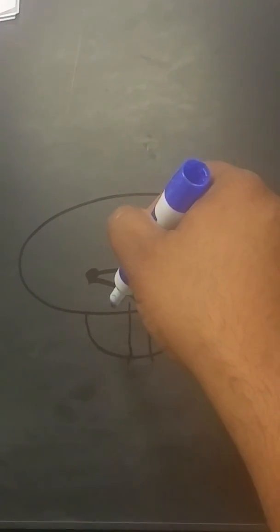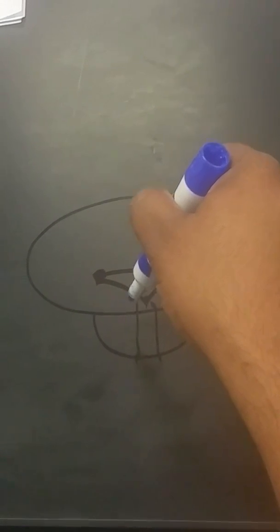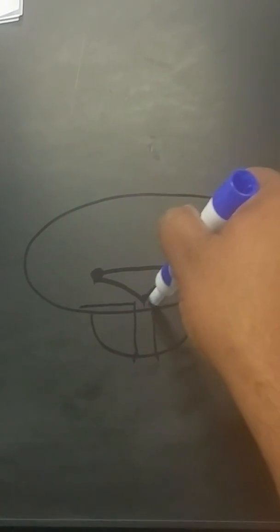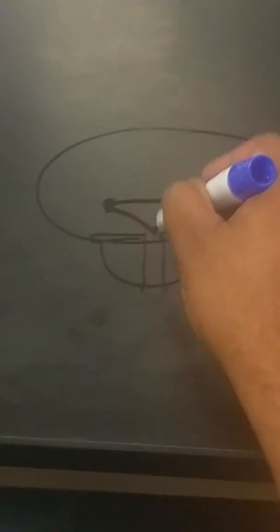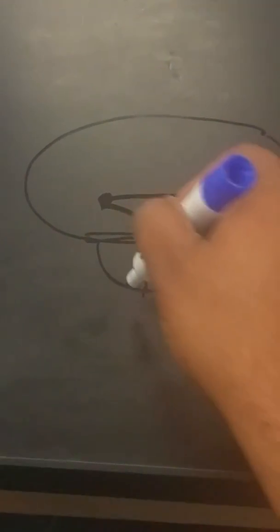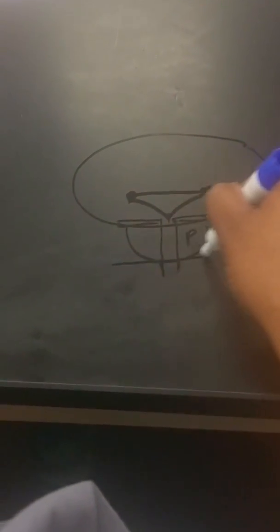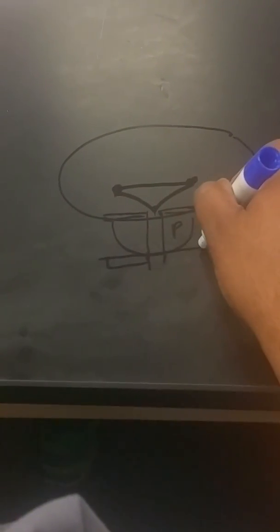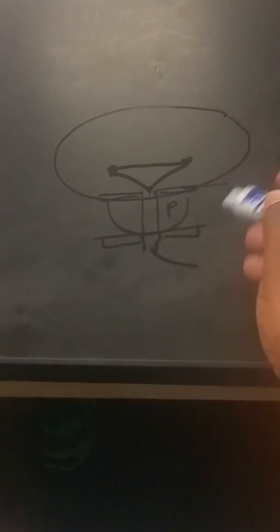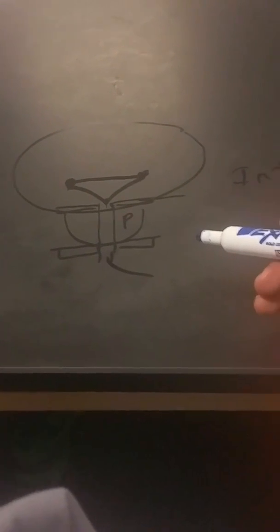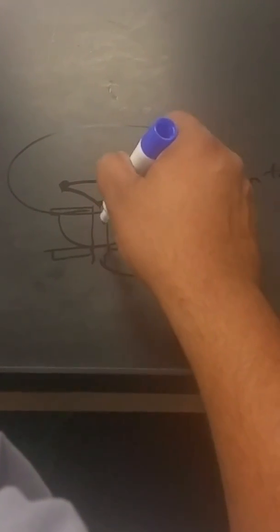About this region right here, on the inside, on both sides, we have the internal sphincter. This we know is the prostate. And anywhere around here, of course, you'll have another sphincter, and again, this is the urethral opening that opens to the outside. Now, this right here is given a special name.